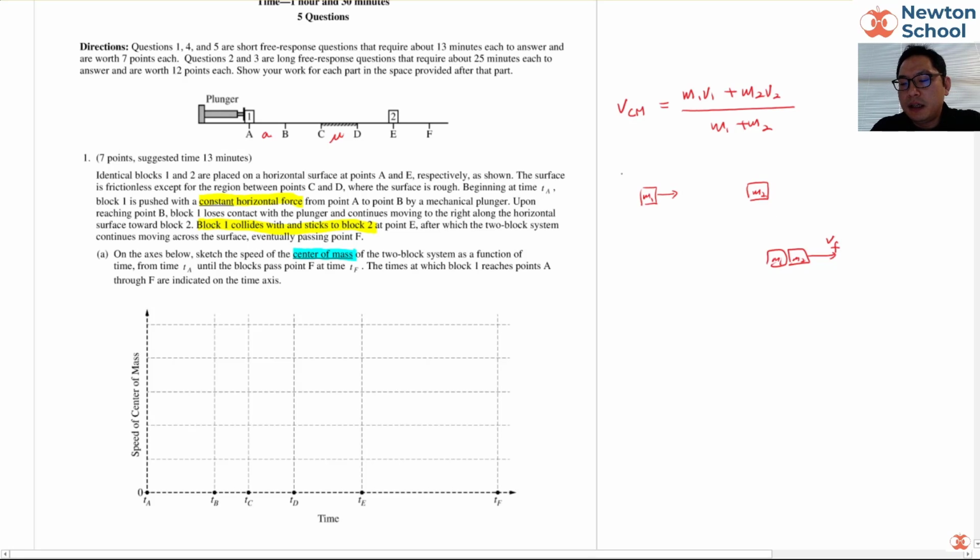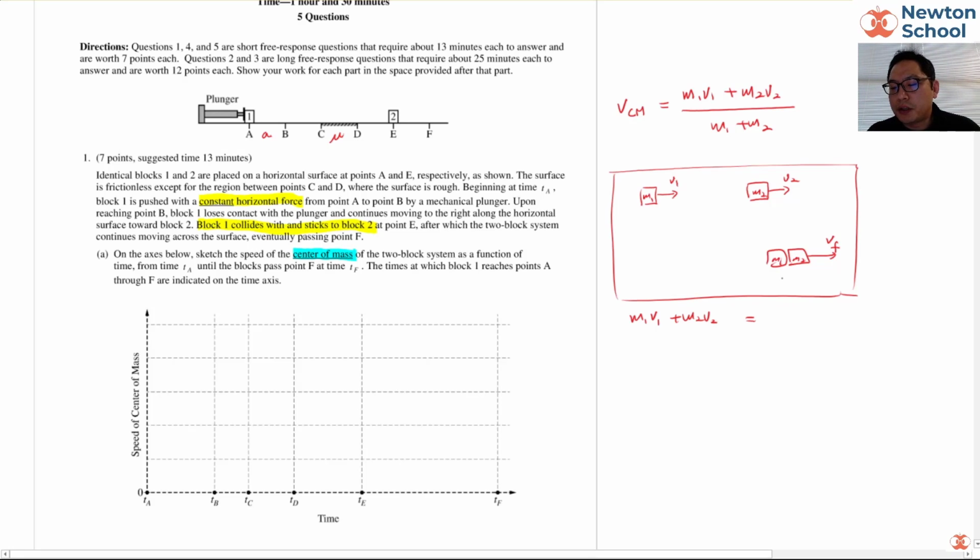This is exactly the same thing, because by conservation of momentum you have M1 V1, plus M2 V2. Momentum will be conserved because there's only internal force between the collision. So you get M1 plus M2 times V final.